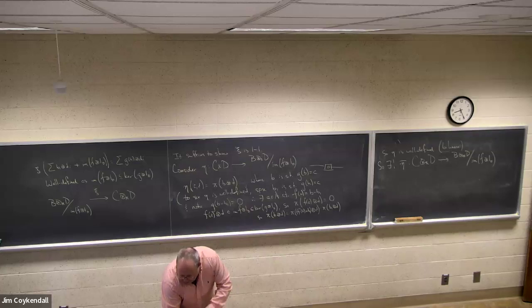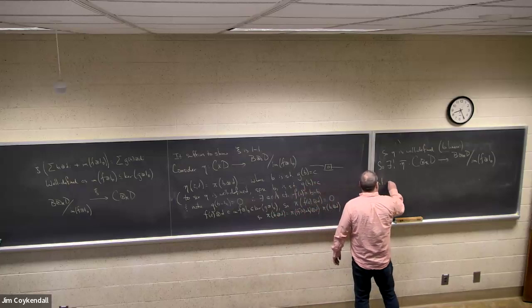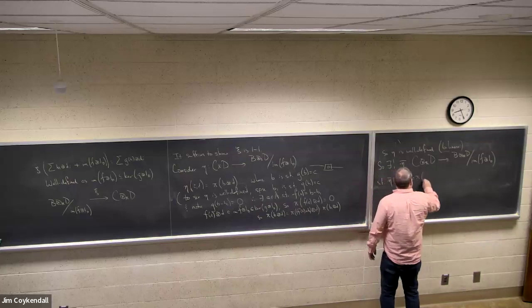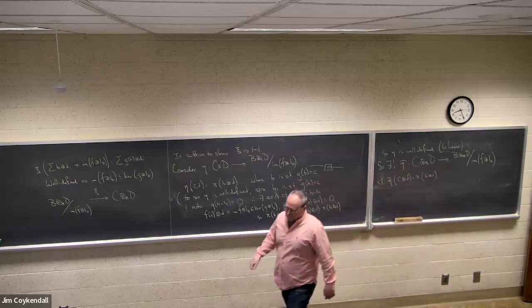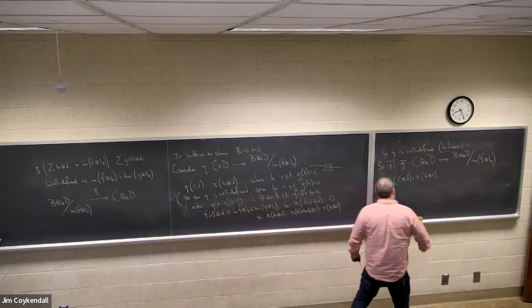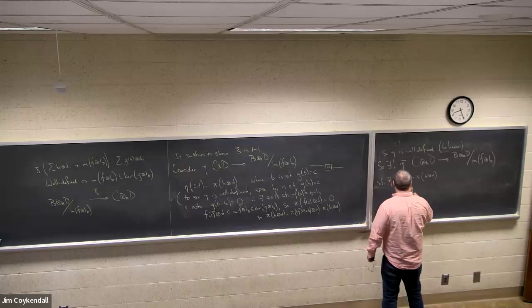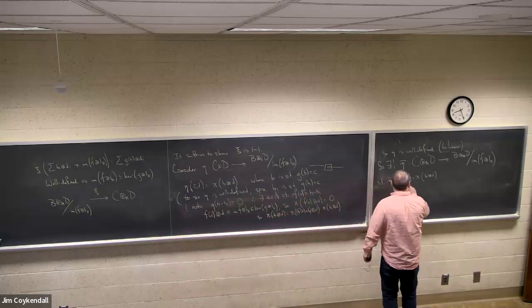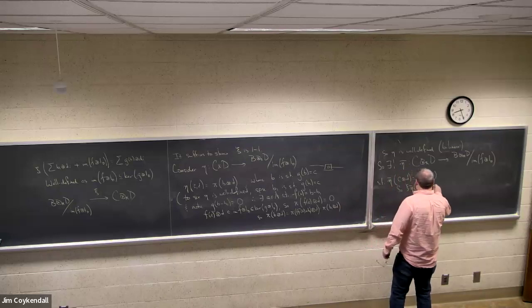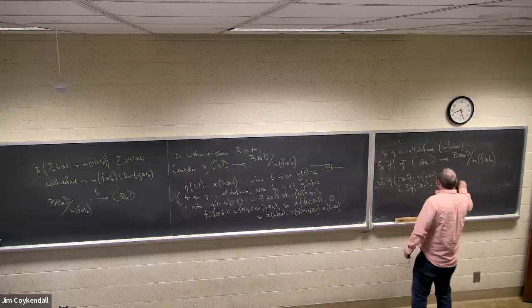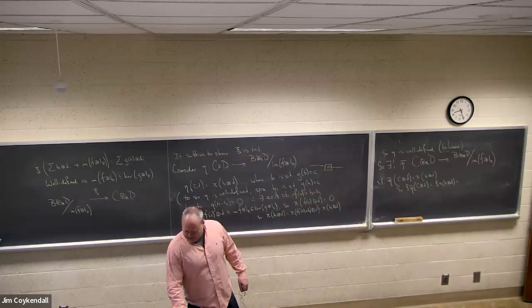Such that when you look at eta bar of c tensor d, this is, and so for any generator, so if you have any c tensor d, then this is c tensor d.